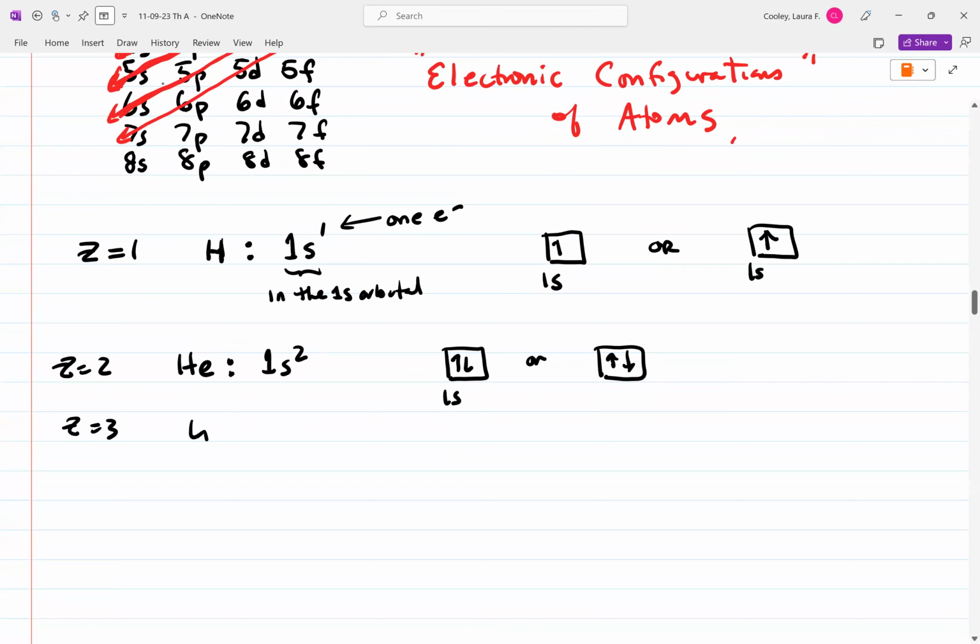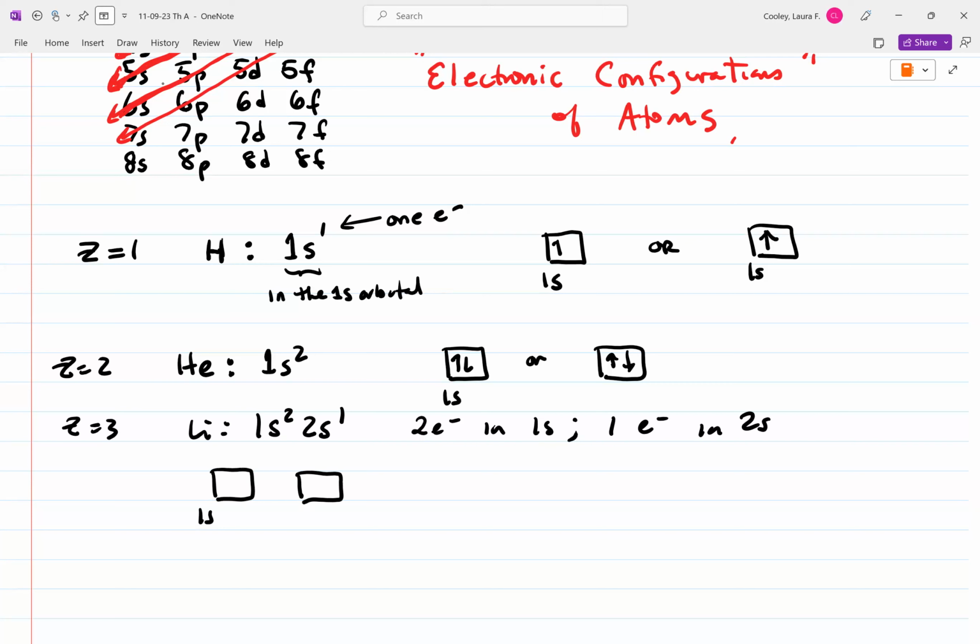Z equals 3, lithium. Now we're going to fill the 2s, remember, because the 2s has lower energy than the 1s... So we have 2 electrons in the 1s and 1 electron in the 2s orbital. In the box form, I'd have a different box for the 1s and the 2s.